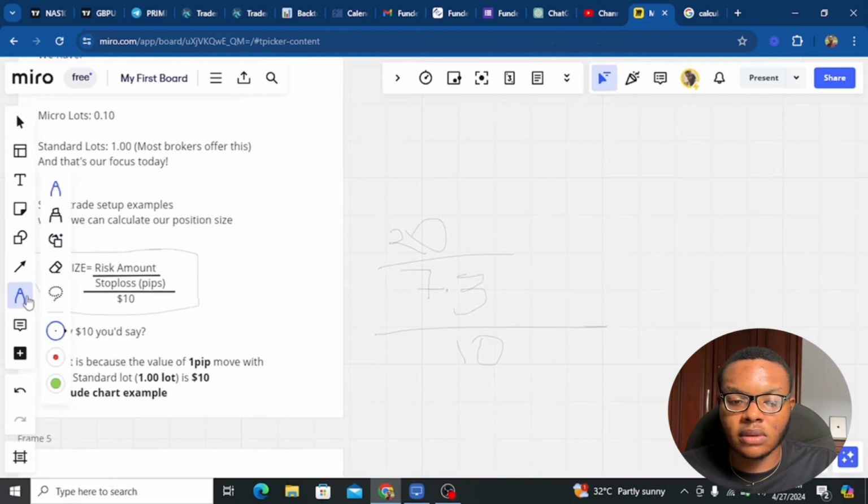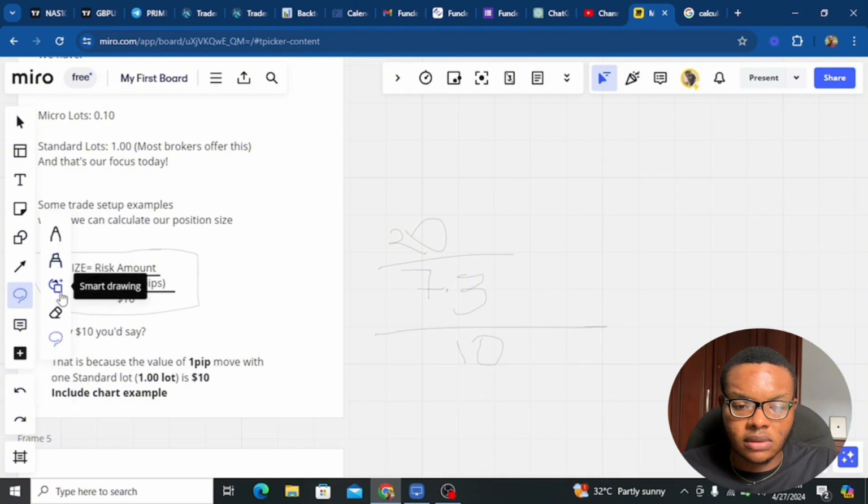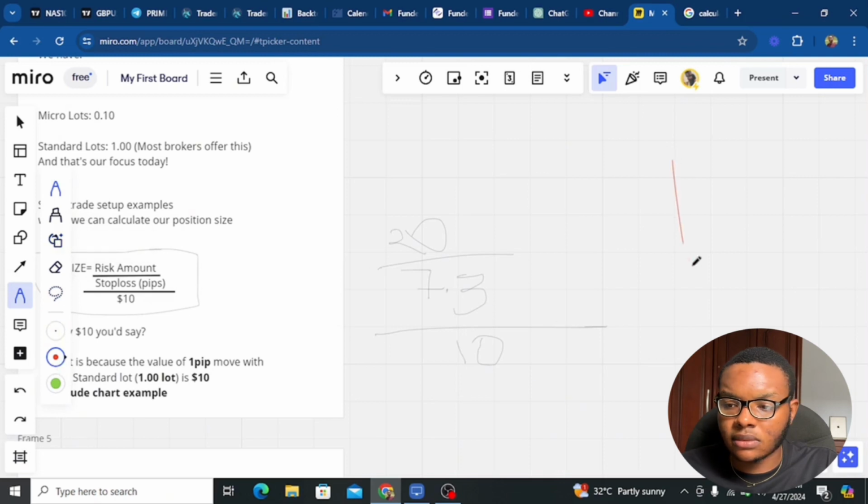I need this to be thicker. I don't know why it's this light. Is this better?